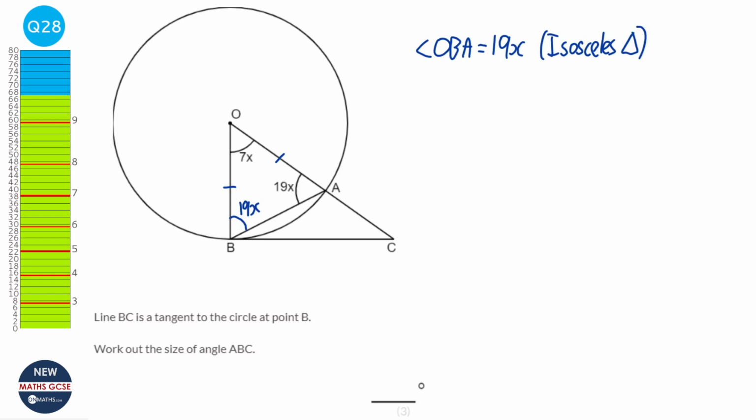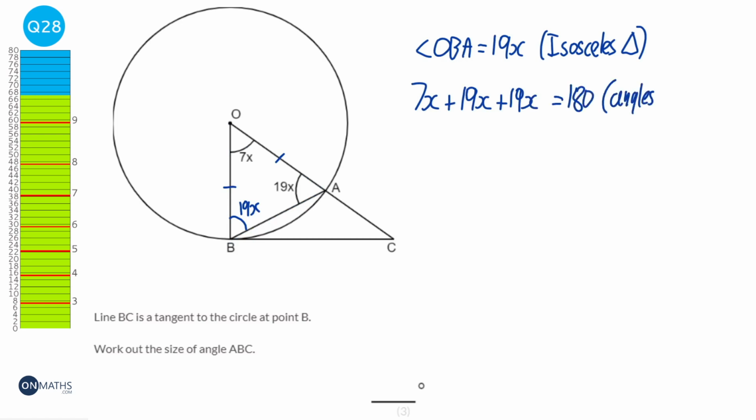Okay, so we know these two are equal. Well, we also can work out x because, as I said before, we have a triangle here, and all angles in a triangle add up to 180. So we've got 7x plus 19x plus 19x equals 180 degrees, and this is angles in a triangle.